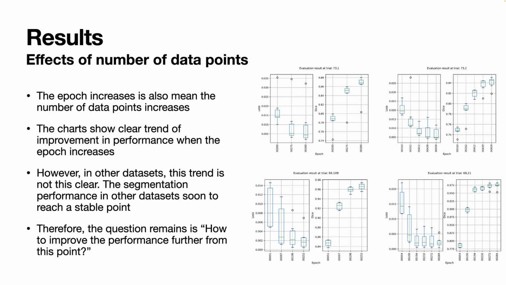Well, it is already known that the number of data points is directly correlated with the number of epochs. So these experiments are conducted at different numbers of epochs. As the chart shows, there are improvements in segmentation performance, but they were not as significant once it already reaches this point.